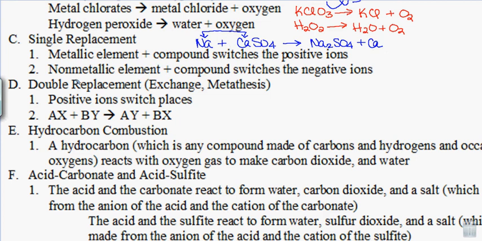If your element was in fact non-metallic, same idea, but it's going to look a little bit different. So let's say that you had Cl2 and you put it in a solution of sodium bromide. Cl is a nonmetal and bromide is the nonmetal. So sodium is going to actually stay the same.